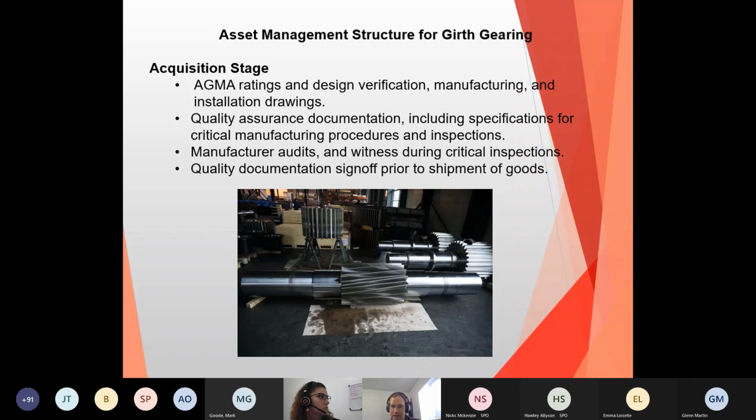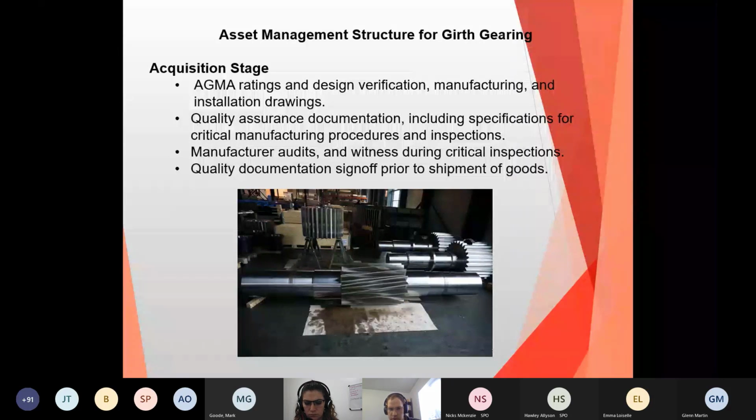That's one of the issues that we see somewhat often, where there are no specifications being sent to that procurement stage. So we also look at doing audits during that manufacturing process and during those critical witness points, and then signing things off prior to the shipment.